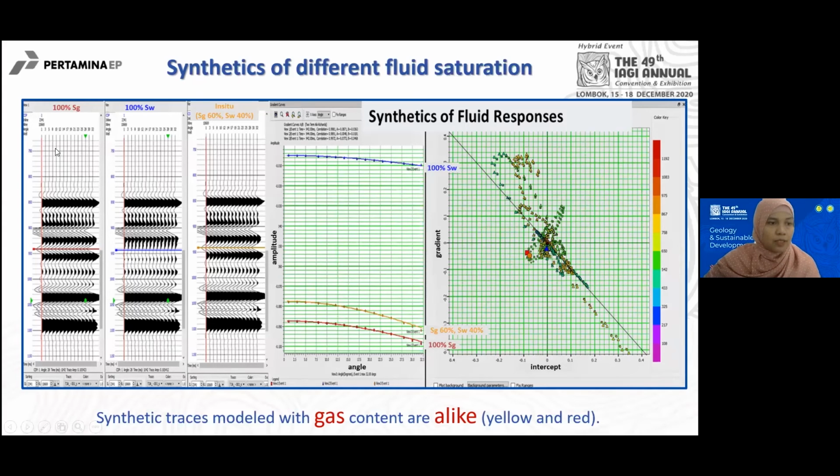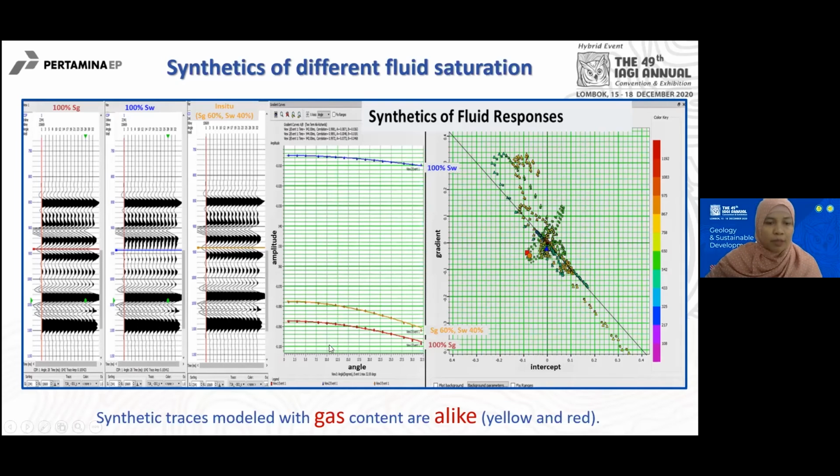The leftmost is traces respond with 100% of gas saturation, and then followed by the 100% water, and in situ condition here in yellow was representing 60% of gas and 40% of water.